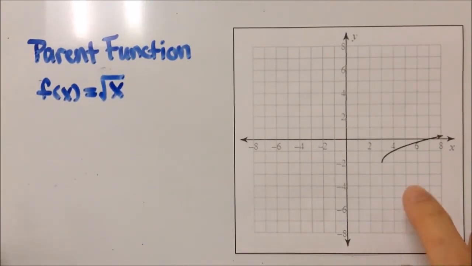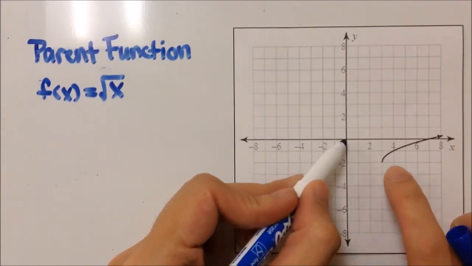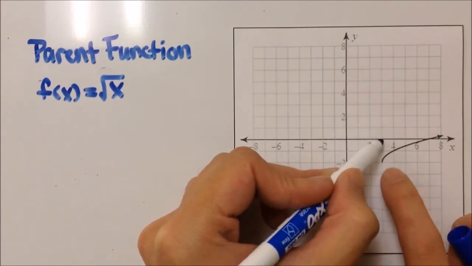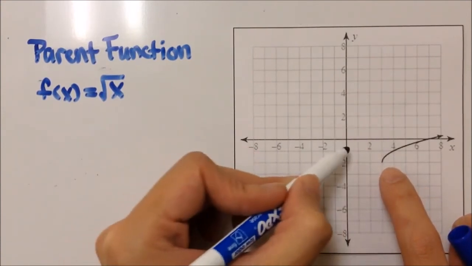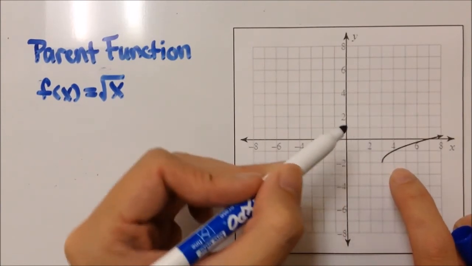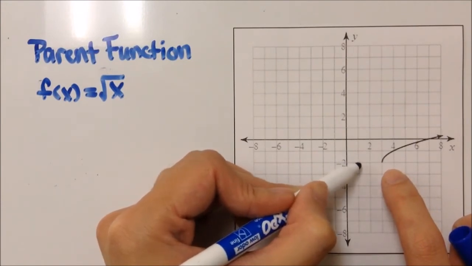Now this one doesn't have a vertex, so we're going to look at the starting point, the first point, which is right here. Comparing it with the origin, we see that it moved 3 units to the right and 2 units down.